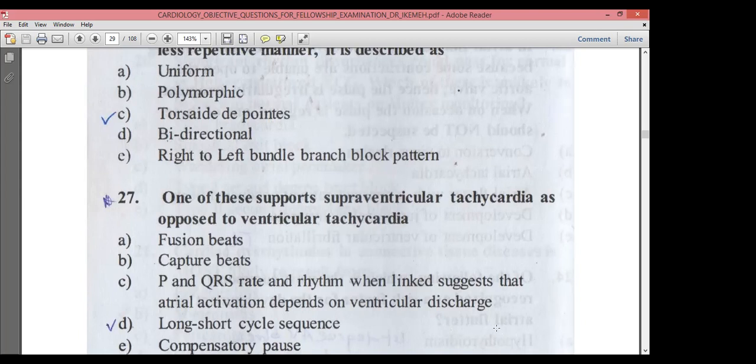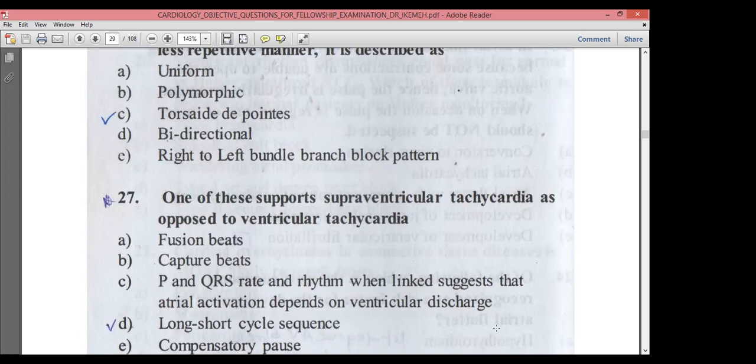27. One of these supports supraventricular tachycardia as opposed to ventricular tachycardia. So we know that in ventricular tachycardia, there are some features that you see, and you know that this is ventricular tachycardia as opposed to supraventricular tachycardia.